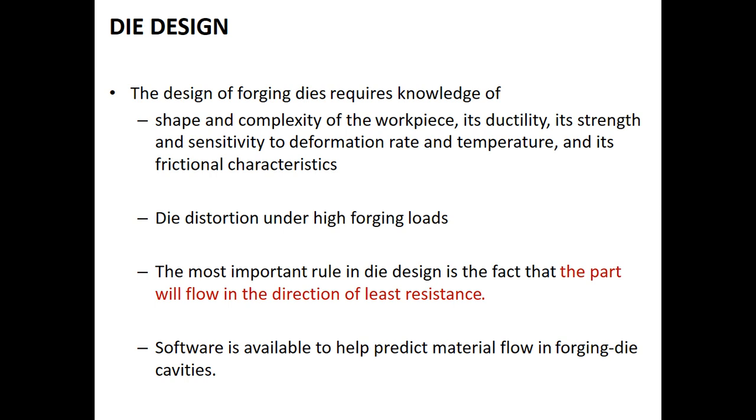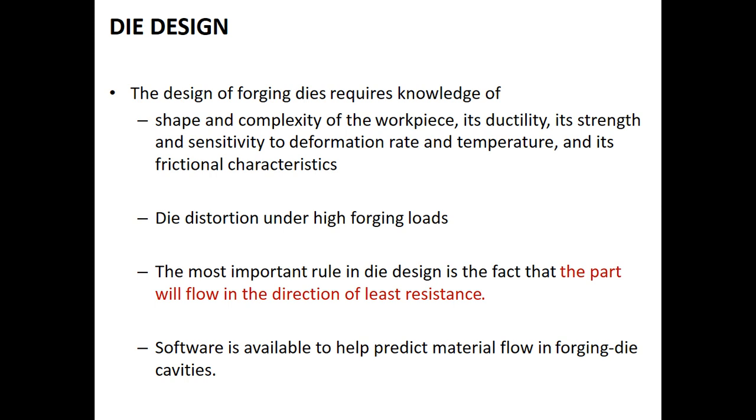And the most important rule in the die design, you should underline this point: the part will flow in the direction of least resistance. So this rule must be kept in mind when you are going for a die design. And nowadays software is available to help predict material flow in forging die cavities.